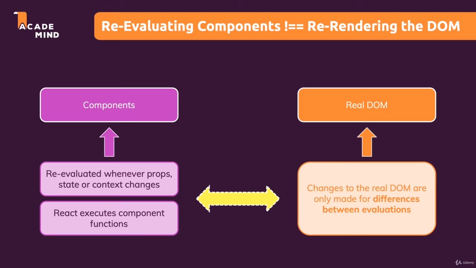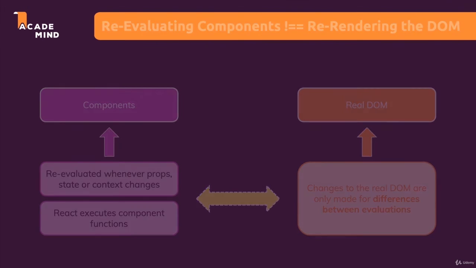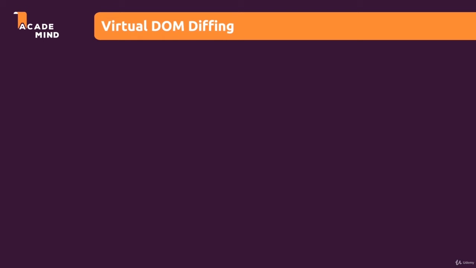Of course, not a tiny change in one place, but if you do that tiny change in a lot of places all the time, then your page might become slow because you're working with the real DOM too much. And that's why React has this structure of doing virtual comparisons with that virtual DOM and then only passing the changes between your last snapshot and the current snapshot to the real DOM. That's how React works here. It does this virtual DOM diffing, finding out the difference between two snapshots.